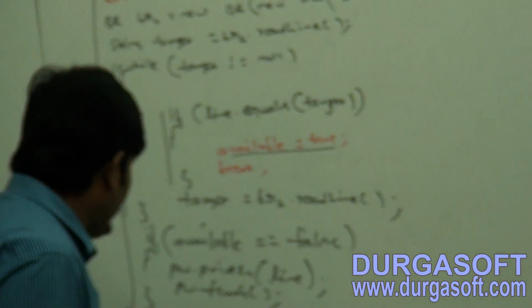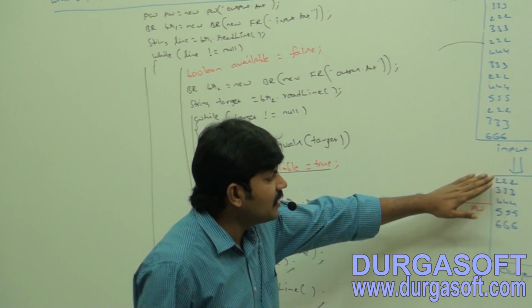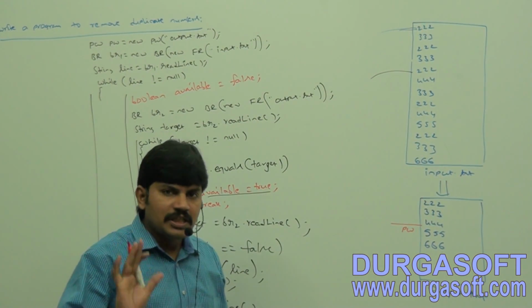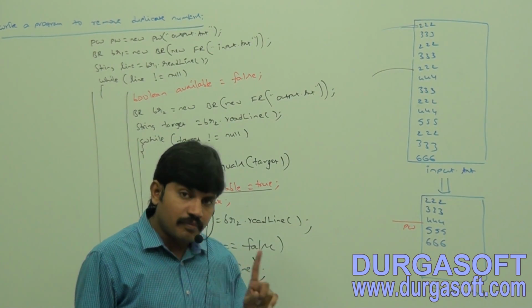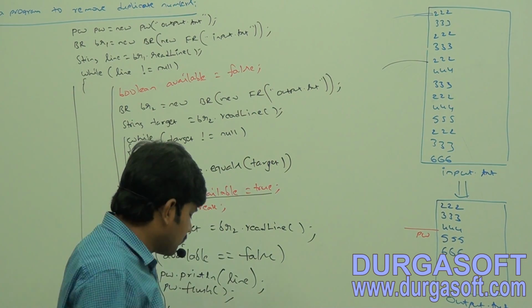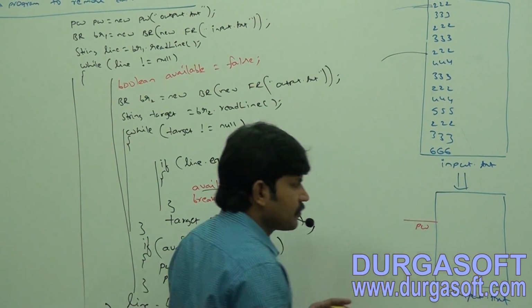Are you getting it? But here some people may have some doubt. Sir, at the beginning the output file is empty, then how is the comparison going to happen? Sir, even though it is empty at the beginning, this program is still going to work. Let me trace it. Here just observe, at the beginning the output file is empty. Correct.